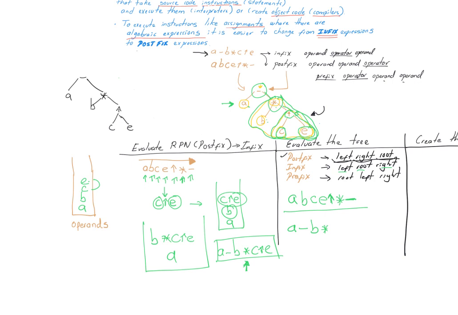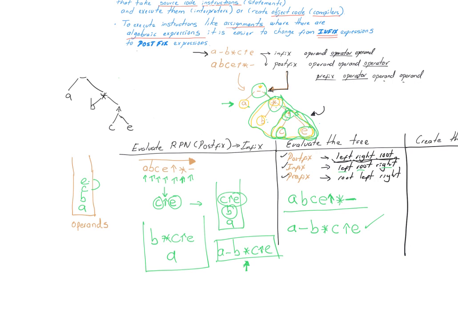So I do first left, which is C, then root, then right, and that should be it, because I already solved all three. So this is the infix. So with these trees, you can get any of these operations, and I just showed you before how to take from postfix to the binary tree.